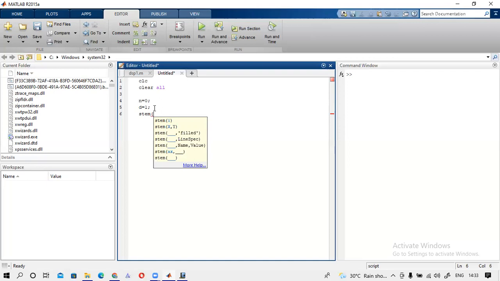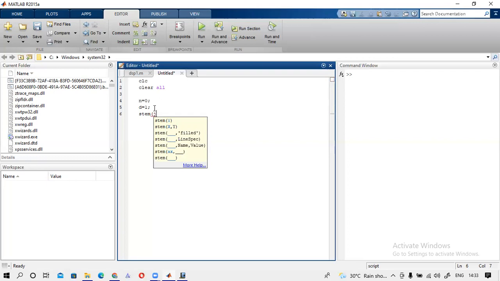For a continuous time you can't use this simply. You have to use some complex command and some function to do that. Later we will try to do that, but here you can generate it very easily.